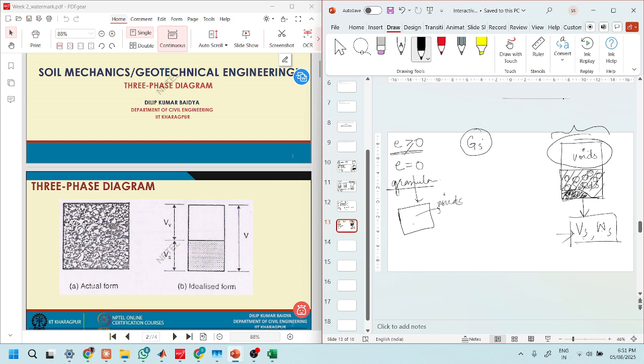You will have a stiffer formation, you will have a denser sand. It will still have the same specific gravity. If you have the same sand in a looser configuration, your bulk density will change.